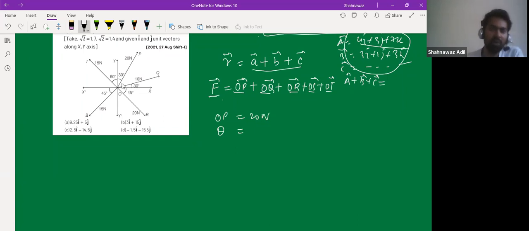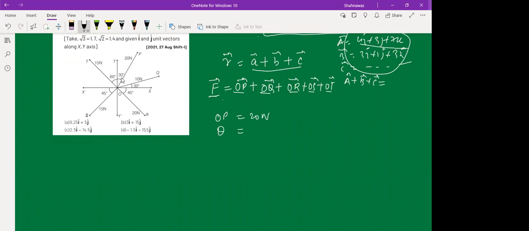We always calculate the theta with the horizontal. We always associate the angle with the horizontal part. Understood? So what will be the angle of OP with the horizontal? Here, this is with the vertical.